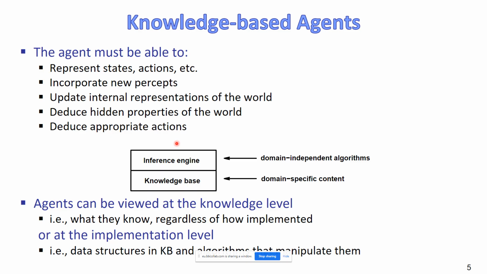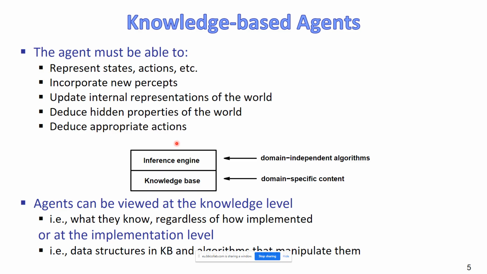You can think also of the agent at two levels. There is the knowledge level and there is an implementation level. The knowledge level includes the knowledge base that we have, and the knowledge base here will be domain specific.